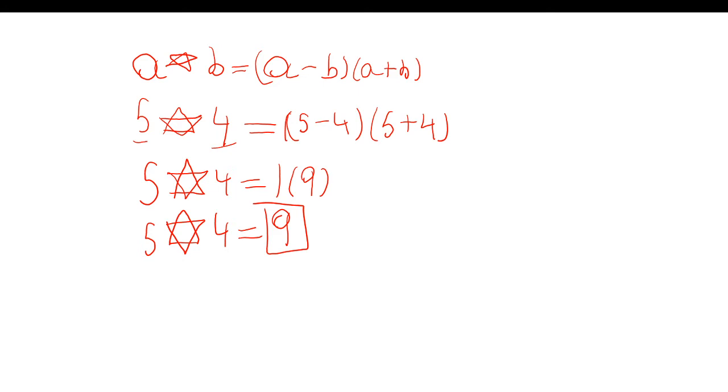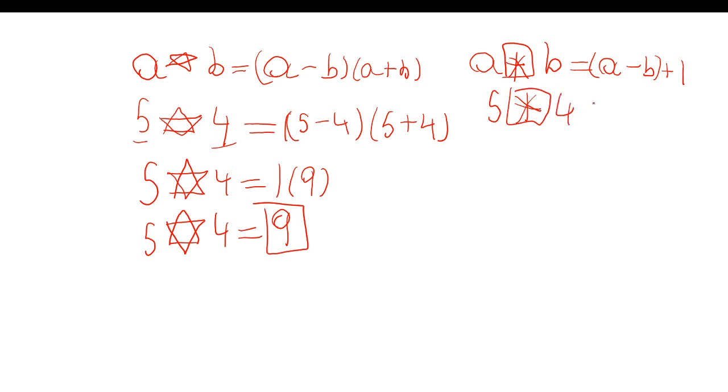Let's try another example. If the operation A, let's say I made up some sign, the operation A, the symbol B, is defined as A minus B plus 1, what is the value of 5 the operation 4?